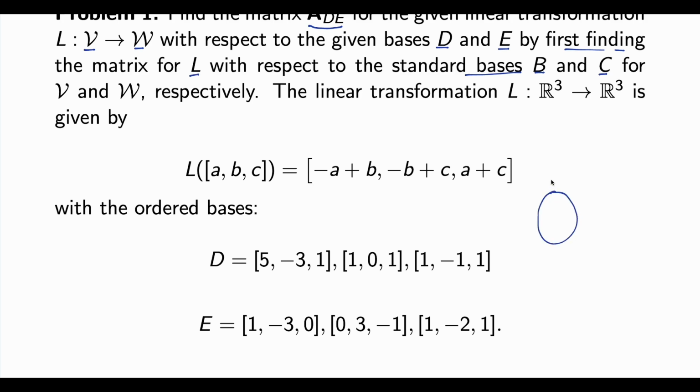You have been given V and you have been given W. So there is a linear transformation L. They say assume B and C are the standard bases, R3 to R3 standard bases. The standard basis for R3 is e1, e2, e3, where e1 is basically 1, 0, 0, e2 is basically 0, 1, 0, and e3 is basically 0, 0, 1.